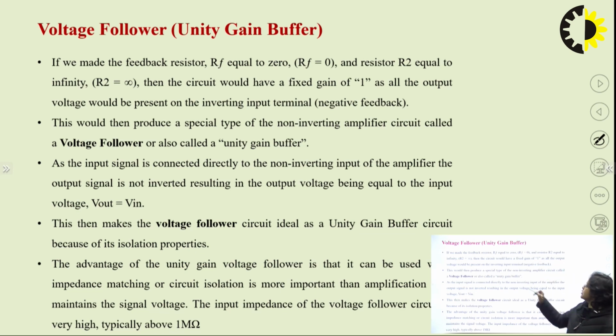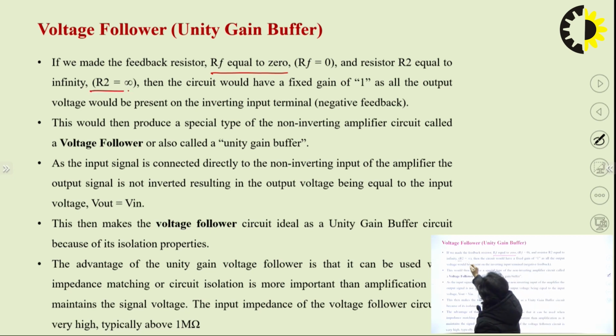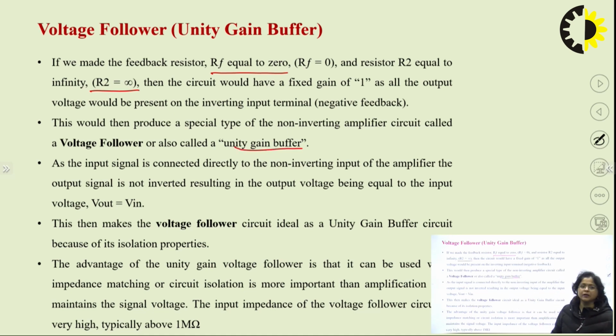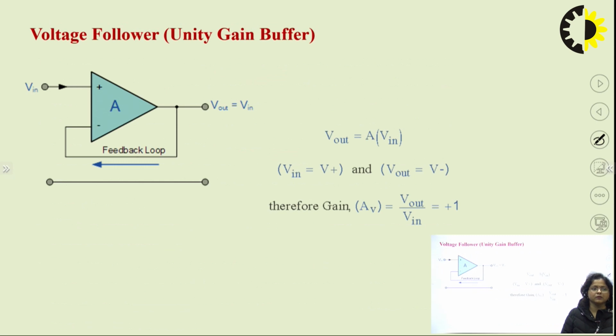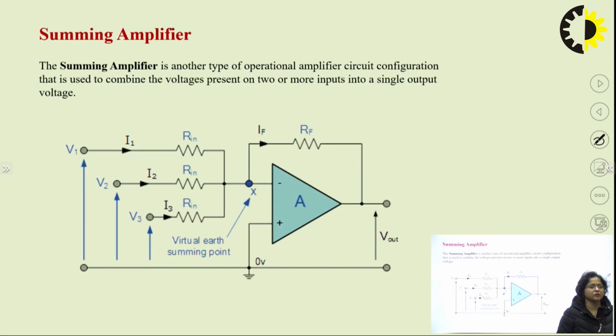So, if we make the feedback resistance 0 and R2 infinite, that is, there is no need of the R2 terminal, then the resultant circuit is called a unity gain buffer. That is, we connect the input to the positive terminal and simply apply the feedback line towards the input. So, Vout is nothing but equal to Vin, that is, gain equal to 1.